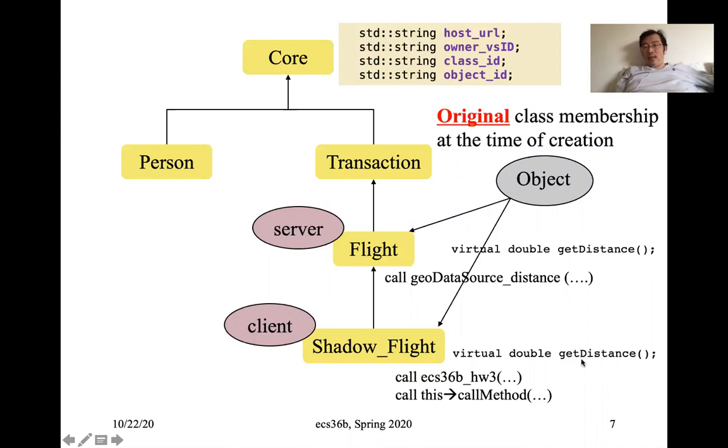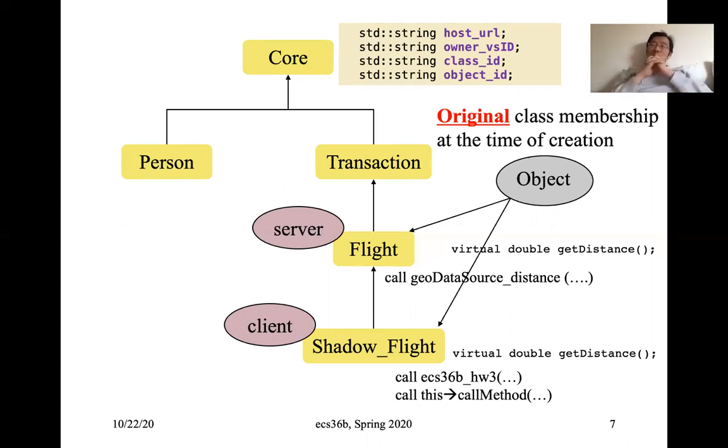Essentially, the get distance is going to call this call method, which I showed you earlier in the shadow underscore flight.cpp. It calls that method, which transfers to the server using the RPC protocol, and then it is handled that way. So that is how the inheritance hierarchy is utilized with virtual functions to support the relationship between the real object and the shadow object.